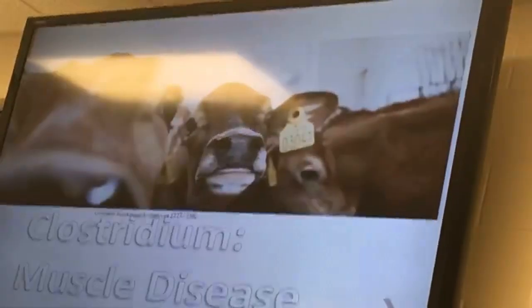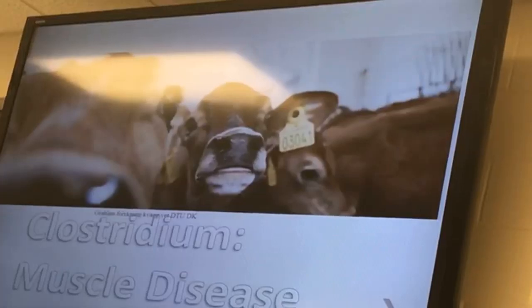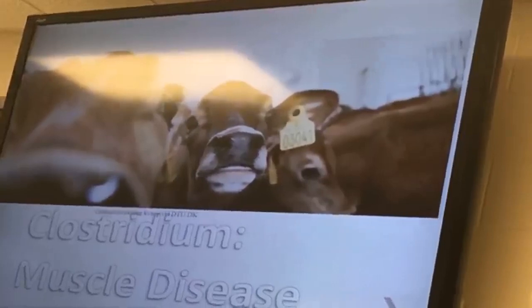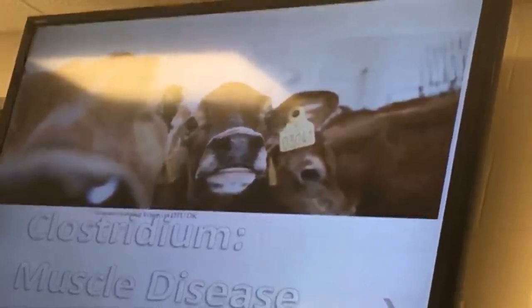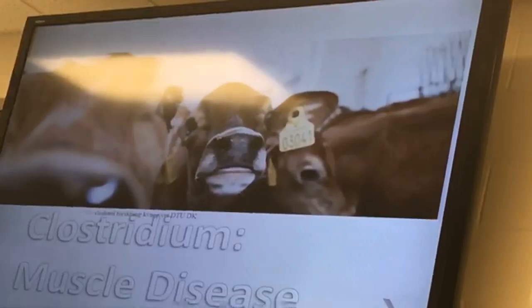Now we go into the muscles. What's one big muscle disease dealing with Clostridium? Blackleg. Yes. Can horses get it? How many say no? Or no, let me put it, how many say yes? They can get blackleg. Doesn't happen all the time, but a horse can get blackleg.